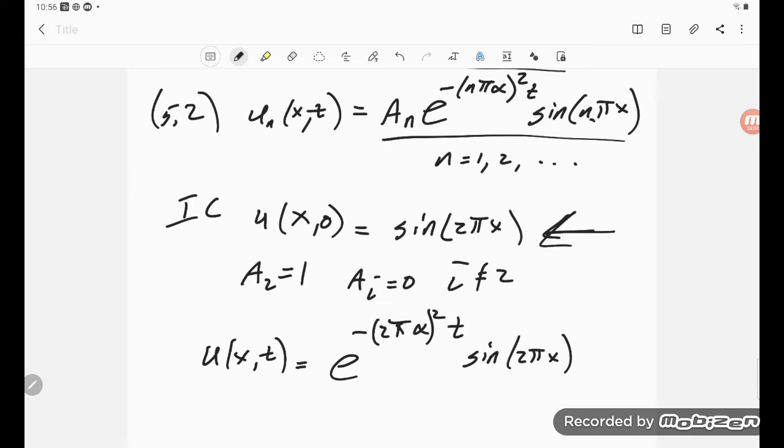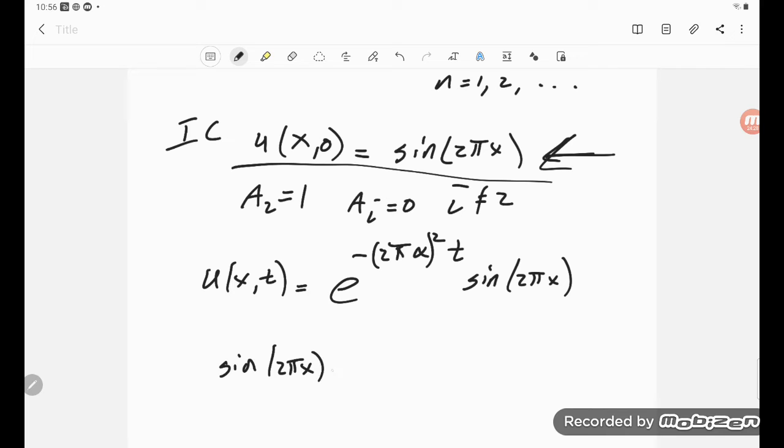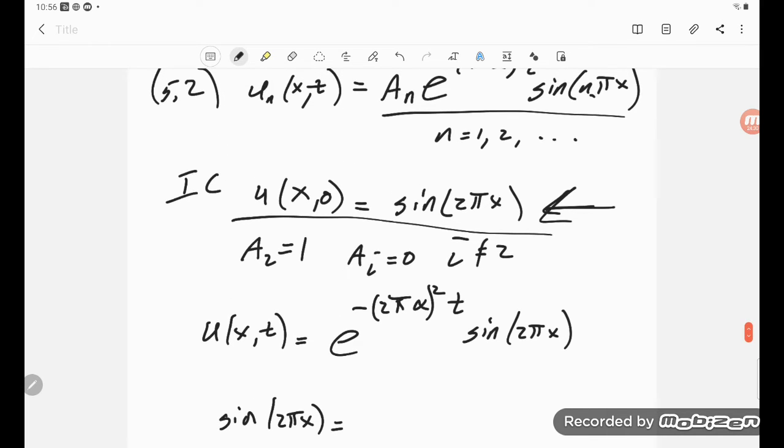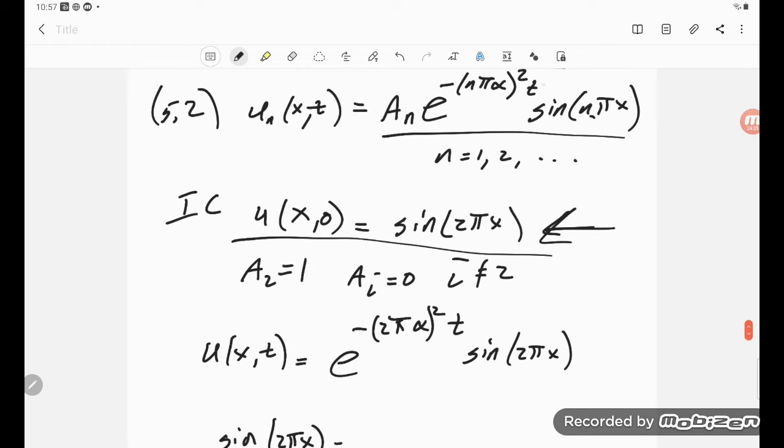With a different initial condition, we'll see that this is a bit harder. But just so you see, depending on the initial condition, it could make it pretty simple because, again, here's the initial condition. We're saying sine of 2 pi x is equal to, at the initial condition, t is 0.